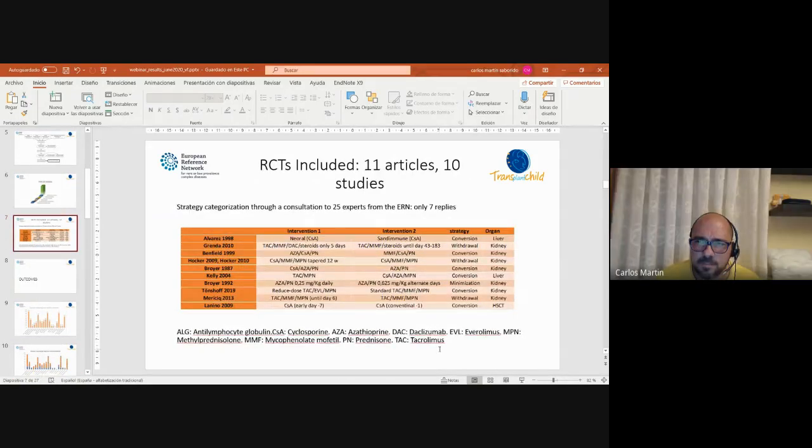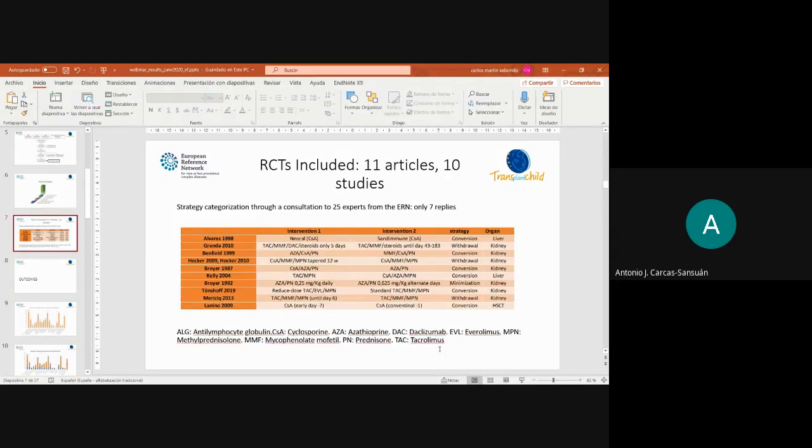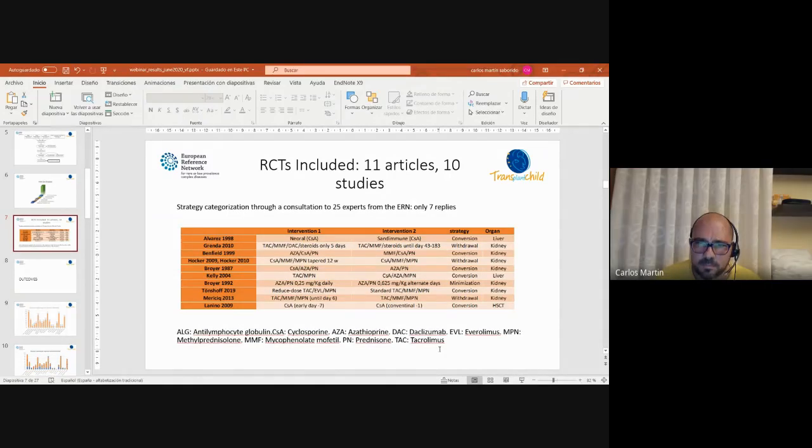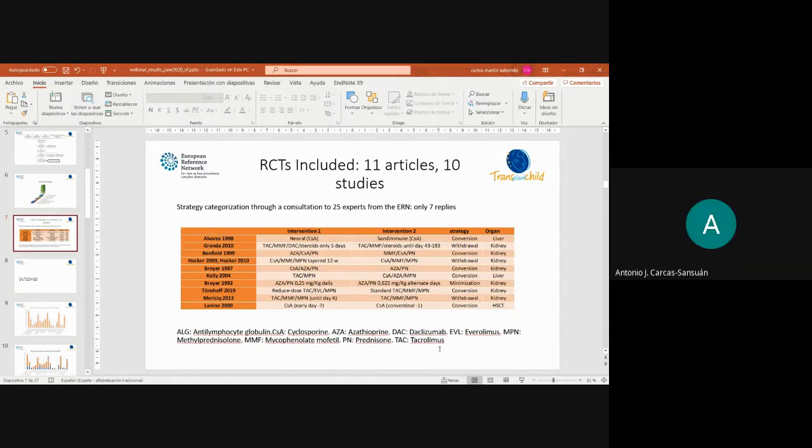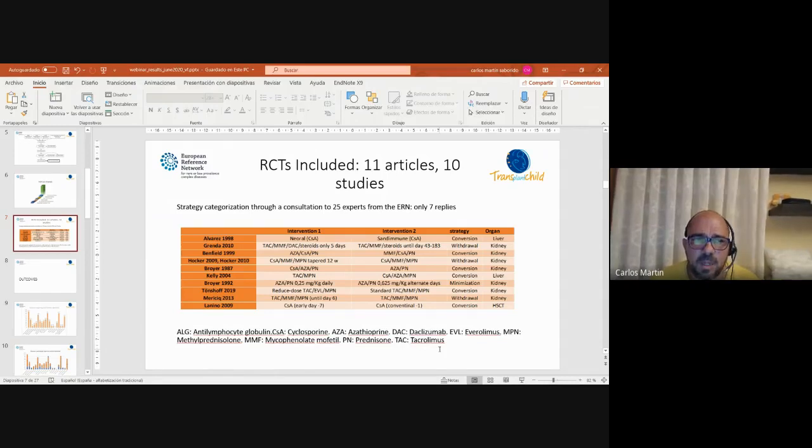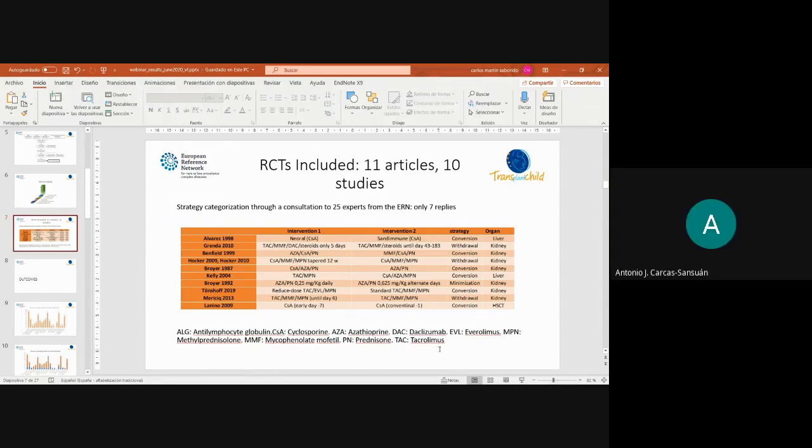Because it's quite frequent, and because there are some studies evaluating just this intervention. Yeah, agree. Maybe it would be fine to split the other types of minimization or conversion from just the corticosteroids reduction.